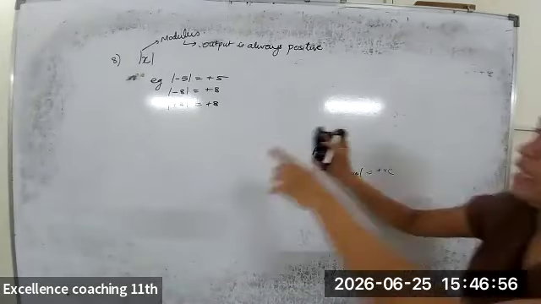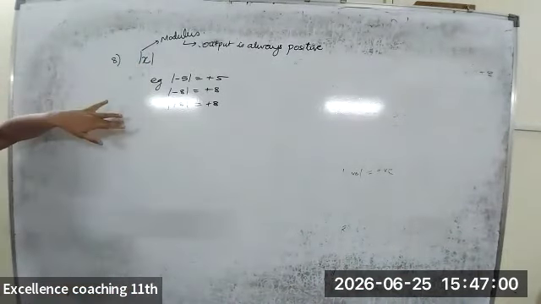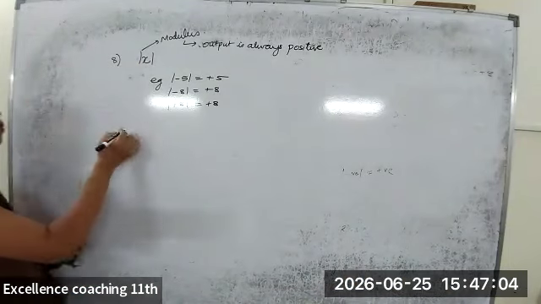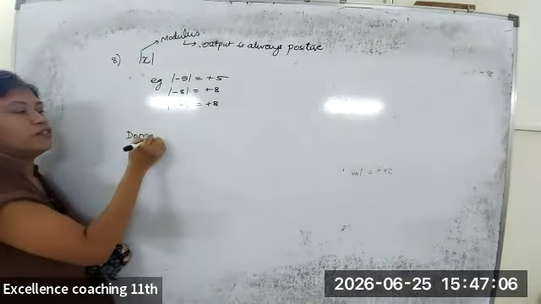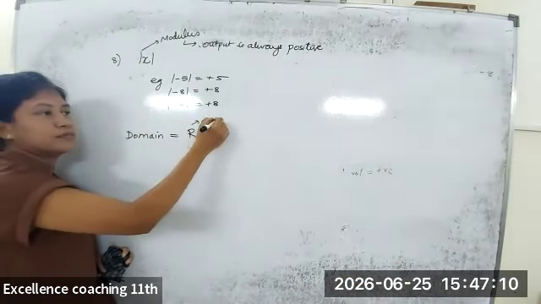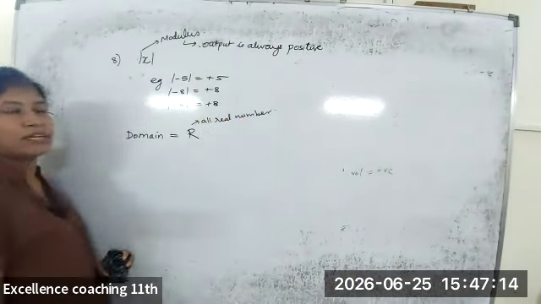So let us find the domain and range of this first. You know that this is not in the denominator, so any input you can give. So the domain will be all real numbers. Any number you can give.